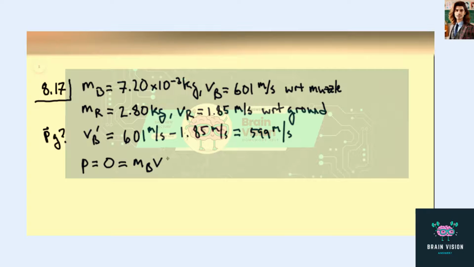So we have the mass of the bullet times how fast the bullet is going. We have the mass of the rifle times how fast it's going. And recall, this is going to be negative because it's moving backwards.